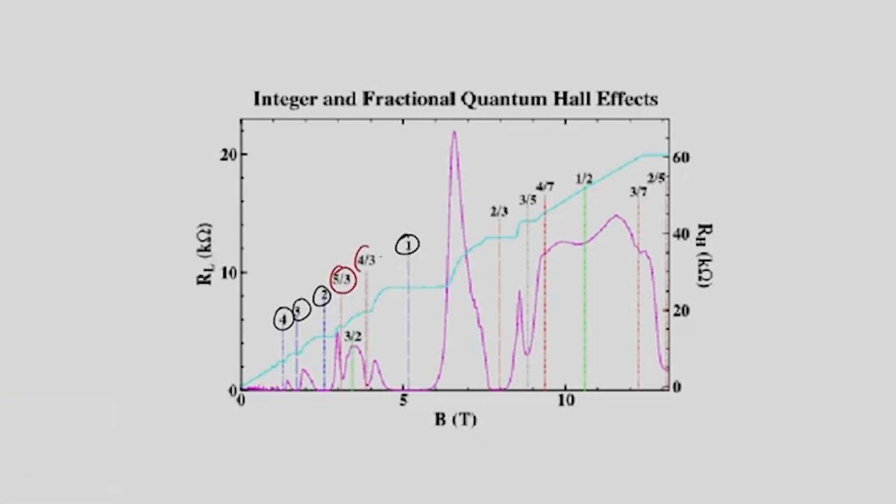These are the fractional values 5/3, 4/3, 2/3, 3/5, 4/7, 1/2, and so on and so forth, 2/5, 3/7, mostly rational and proper fractions, which means that the denominator is larger than the numerator. But there are also improper fractions that are seen in experiments, as well as different kinds of fractions, and overall more than 80 such fractions have been noted in experiment.